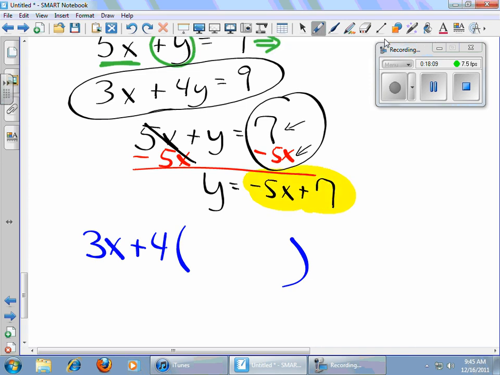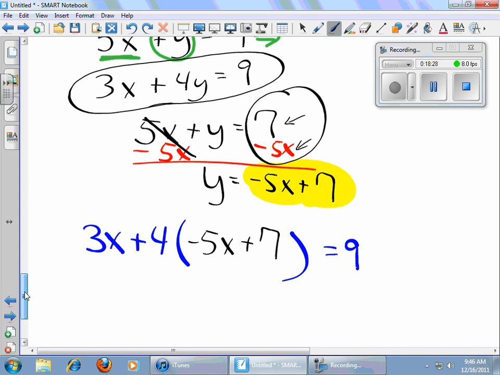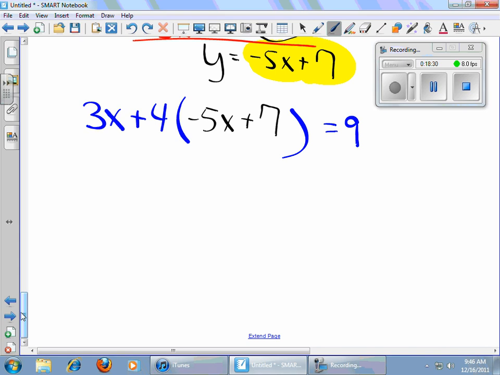Negative 5x plus 7. I'm going to substitute it right in there. So I'm going to get negative 5x plus 7, right? And that will have to equal 9. What did I do? I substituted in. I got one of the variables alone in one of the equations. I chose the one with the easiest math, and then I substituted into the other equation.